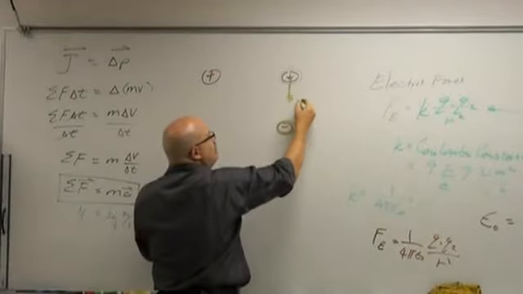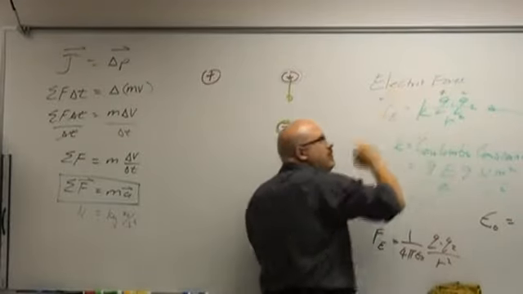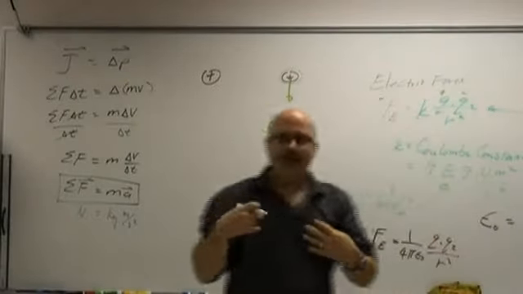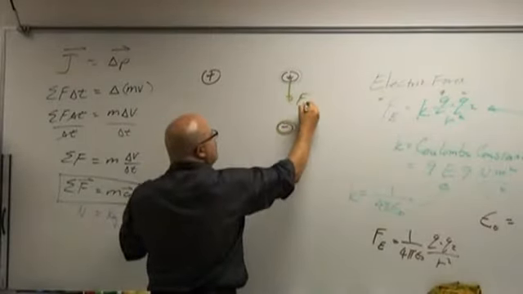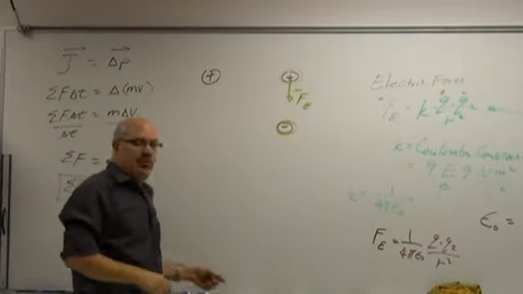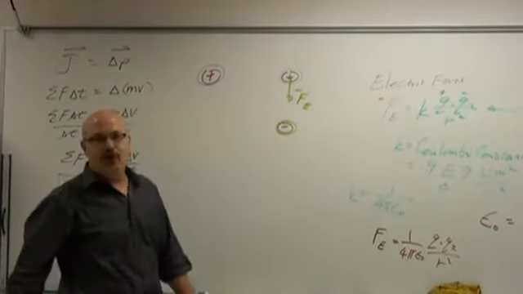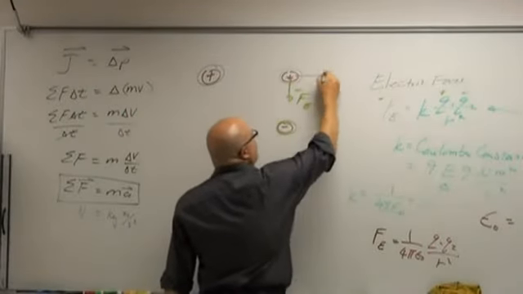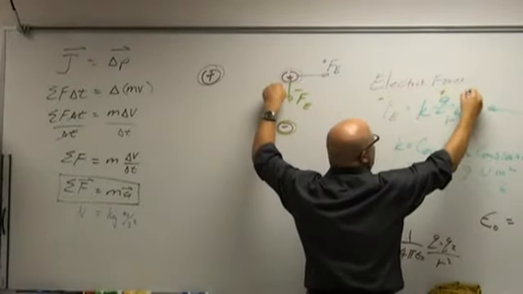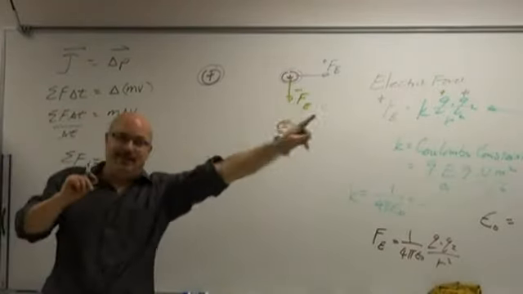It will attract it, because when I plug in a positive charge and a negative charge, I'll get a negative force. And what does negative mean again? It means pull in along the radius, or attract. So I'll get a force this way. Now I want you to be careful. Some of you will write that as a negative force. I'll tell you why you need to be careful about that in just a minute. My purple charge on my blue charge, what will it do? It will repel. You'll get a positive, because a positive charge and a positive charge will give you a positive force, which means repel, which means push out along the radius.